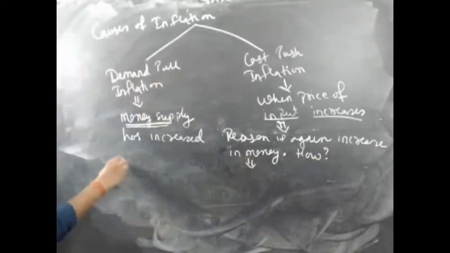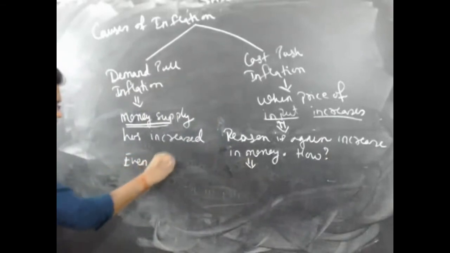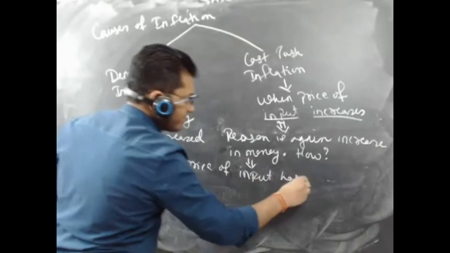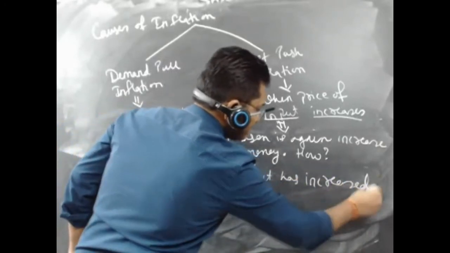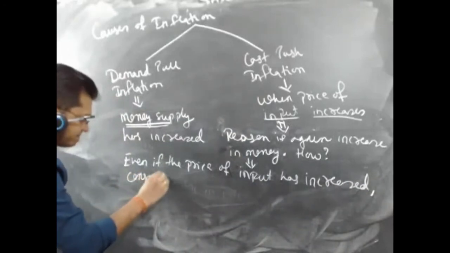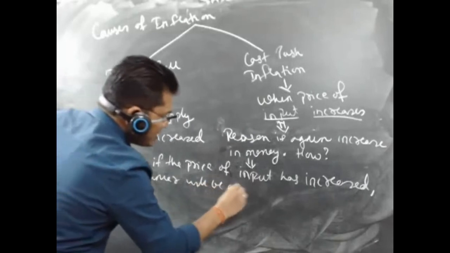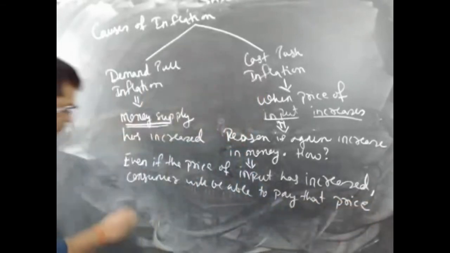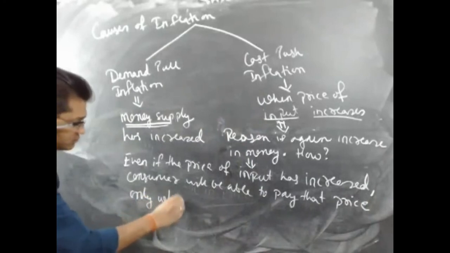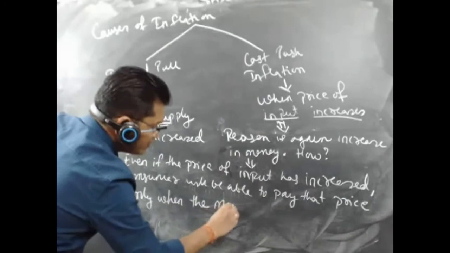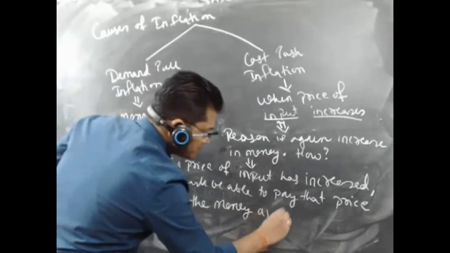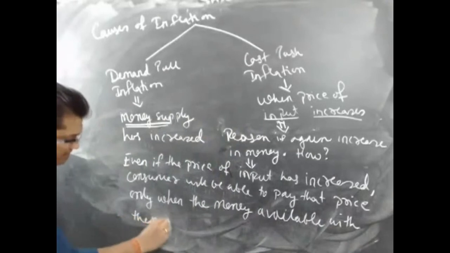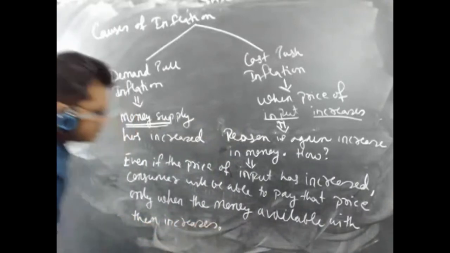So the answer is, even if the price of input has increased, the consumer will be able to pay that price only when the money supply, or the money available with them, increases.